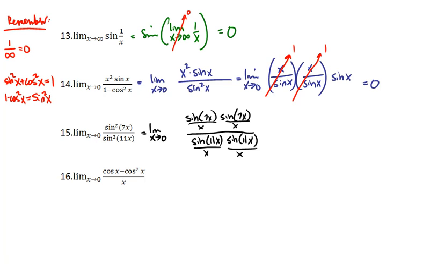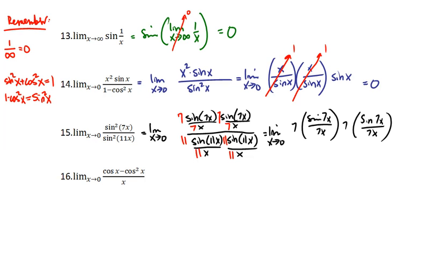But just like above, in order for the sine of 7x to work, we need a 7x in the denominator. But then we'd have to multiply by 7 also. And the same with the second one, and the same with the 11's in the denominator. And so, in the numerator we have 7 times sine of 7x over 7x times 7 times sine of 7x over 7x.